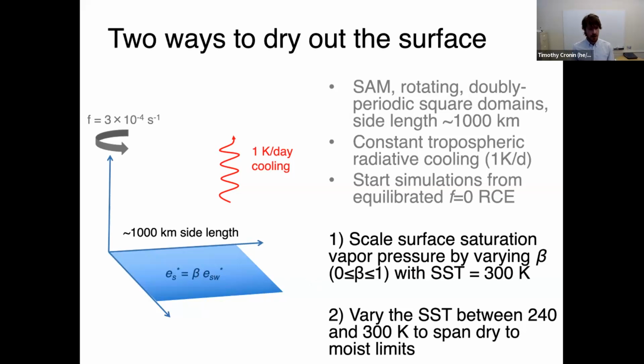And beta equals 1 corresponds to a completely moist surface. The second way to make the surface dry is to make it really cold, because given a total surface enthalpy flux, a colder surface has a greatly reduced importance of the surface latent heat flux, and the saturation vapor pressure goes to very small values as you reduce the surface temperature.